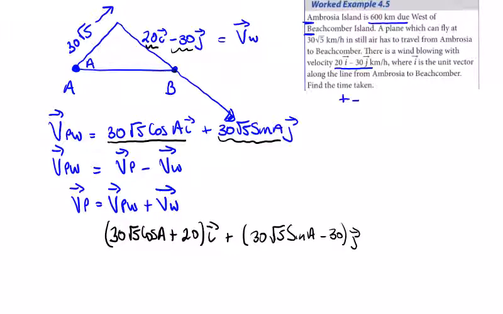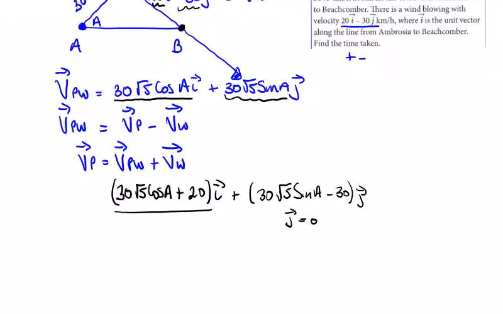We can see at B here that the J component will be equal to 0. That'll help us find the angle A, which you can put back in here to get my I velocity, and then we can use the distance and the speed to find the time taken to get there.